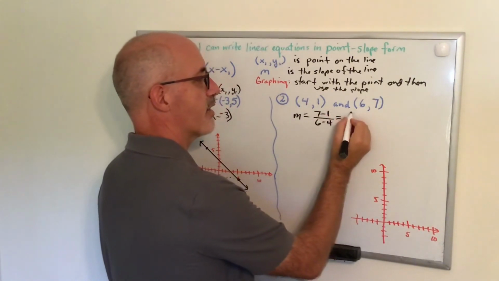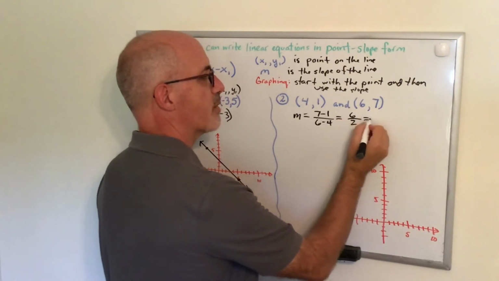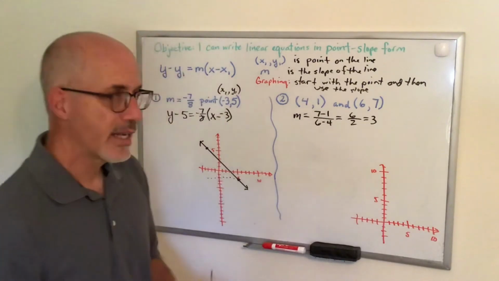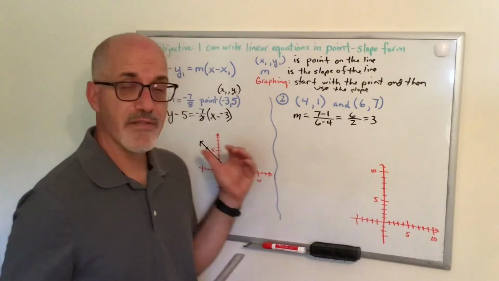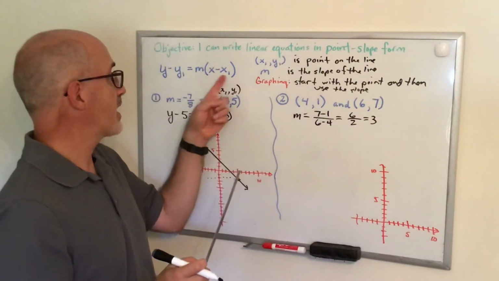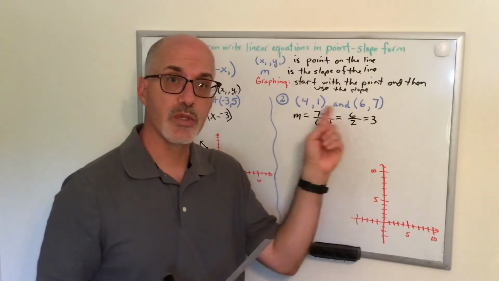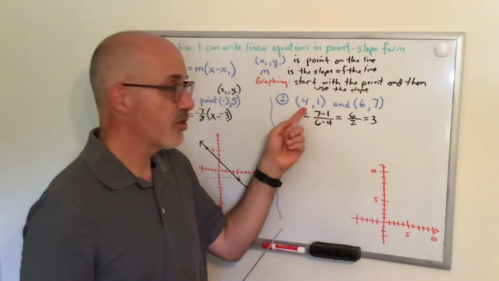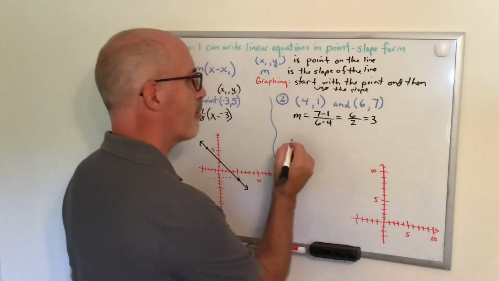So on this, I get 6 over 2, which gives me a slope of 3. Now to put it into point-slope form, like we said, there's an infinite number of points on a line. You can use any one of them as the x sub 1, y sub 1. So we get to just choose which one we use. I'm going to just use the first one, though you could use the second. It's perfectly okay. In fact, I'll write both of them.